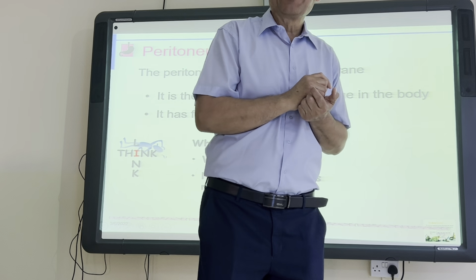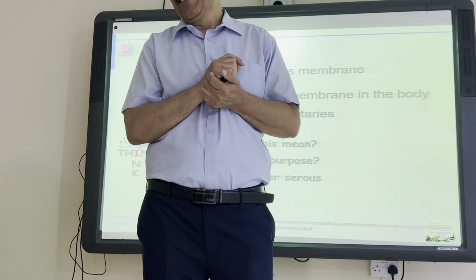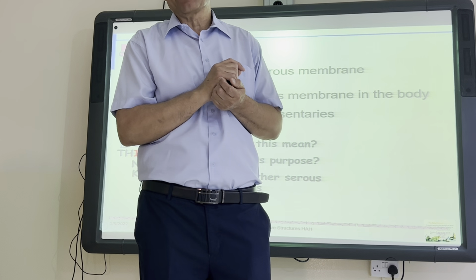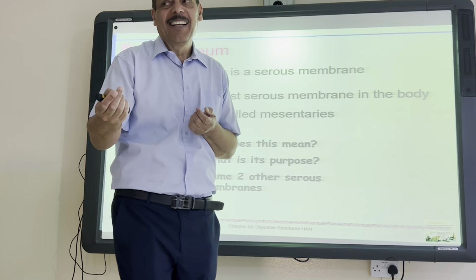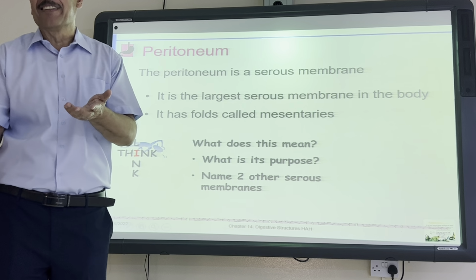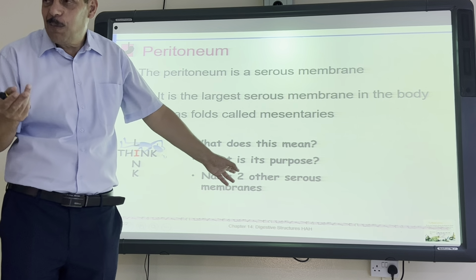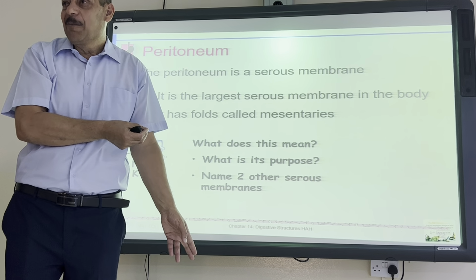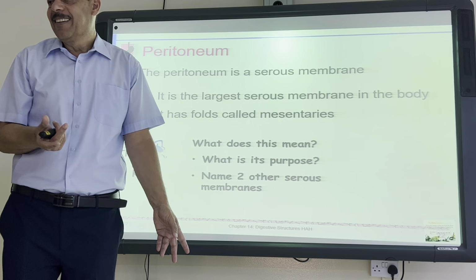What does the organ need? Any organ, any body structure, what does it need? Oxygen. How will the oxygen come? Through blood. So blood vessels will be there.